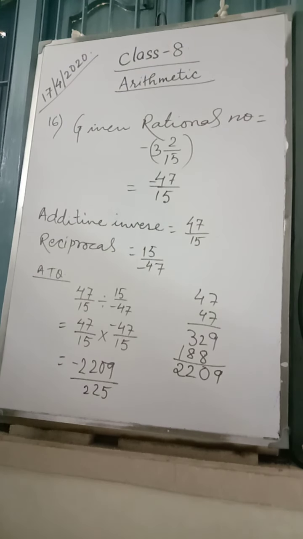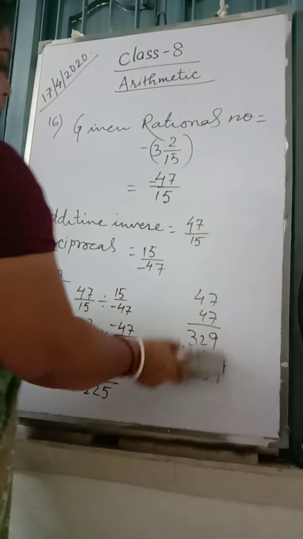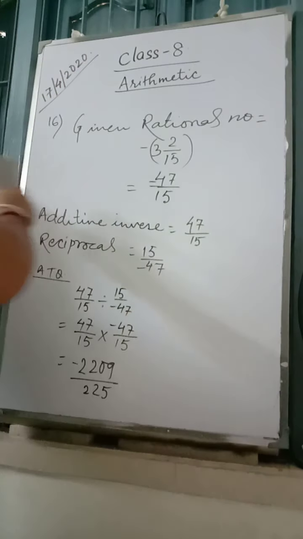Then it says, what would have been the result if we had multiplied the additive inverse of minus 3 whole 2 by 15 by its reciprocal?